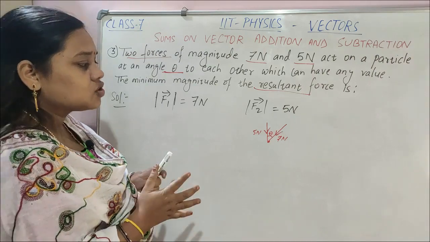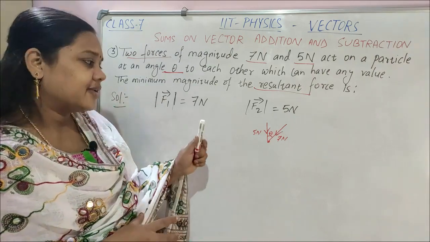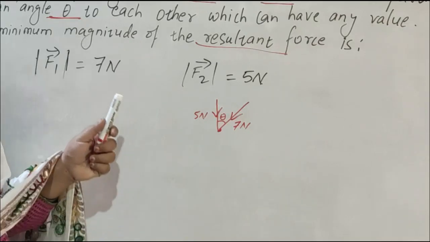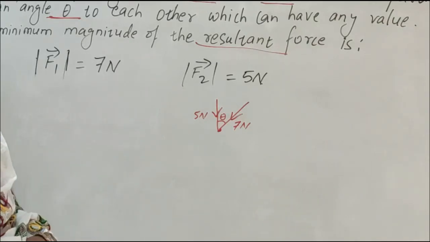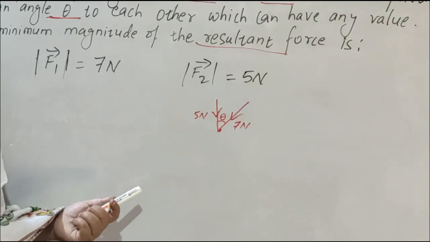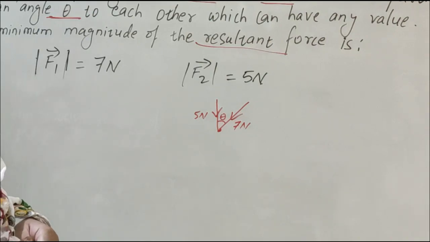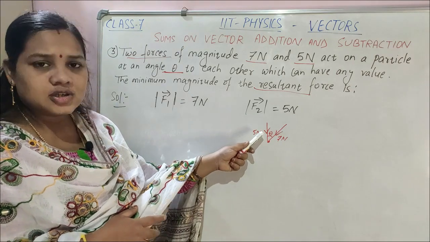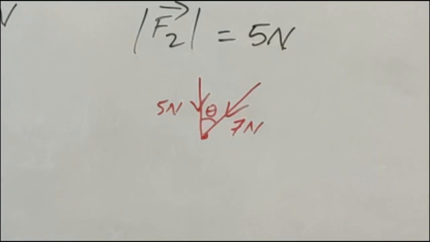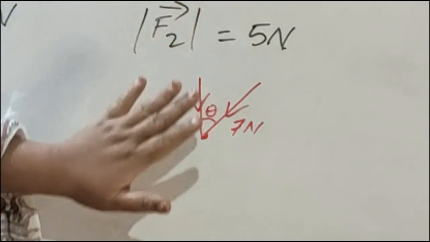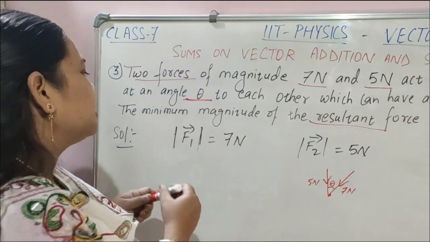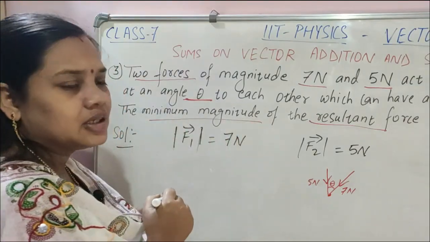So here also two forces are there, 5 Newton and 7 Newton, both acting on the same particle, so they combine and form a resultant vector. The angle between the forces is theta, and the resultant force will be the minimum magnitude.